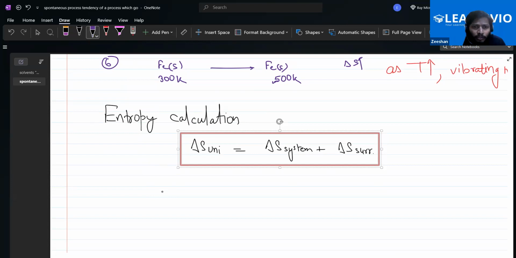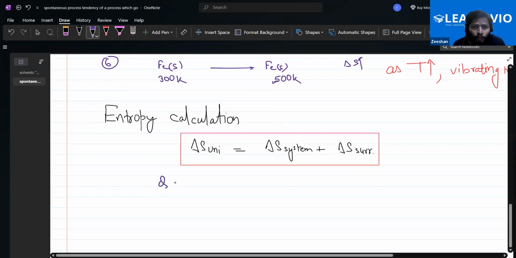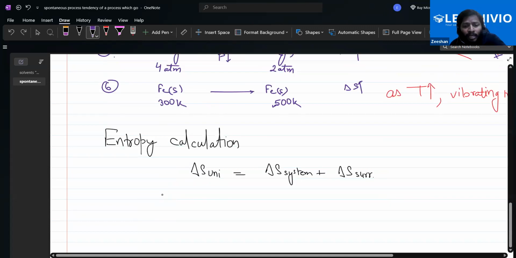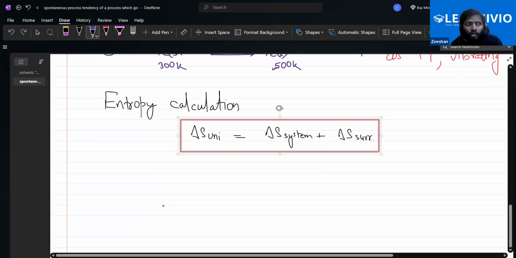Q is equal to U plus W. The first law of thermodynamics. Please be responsive.